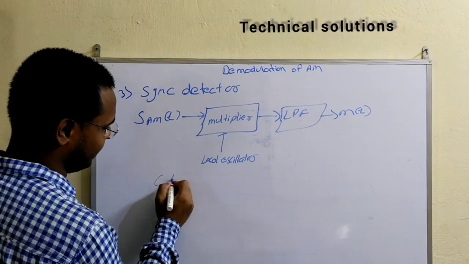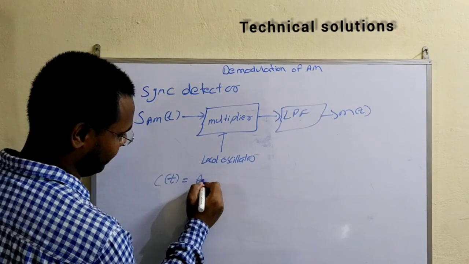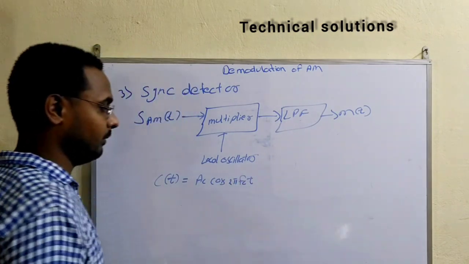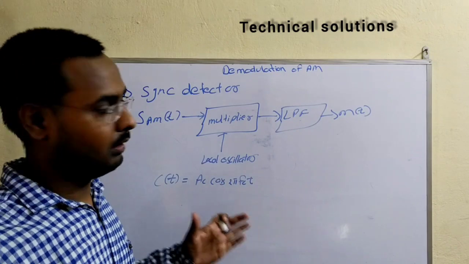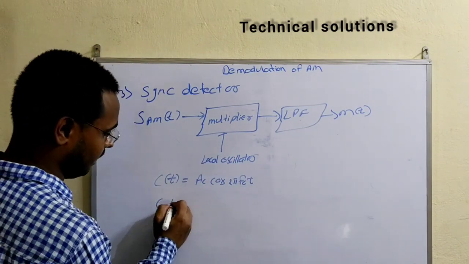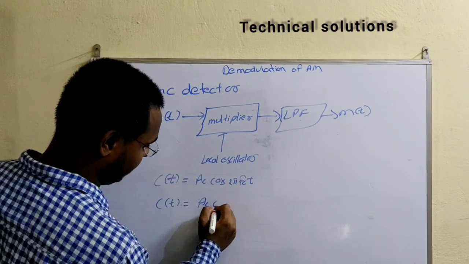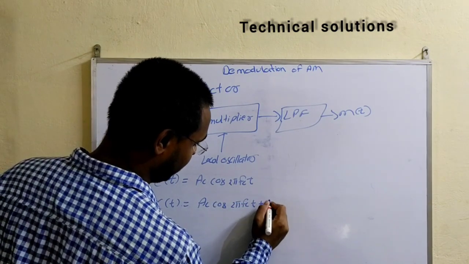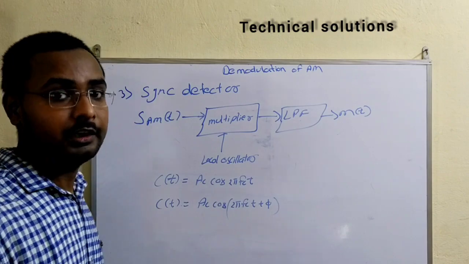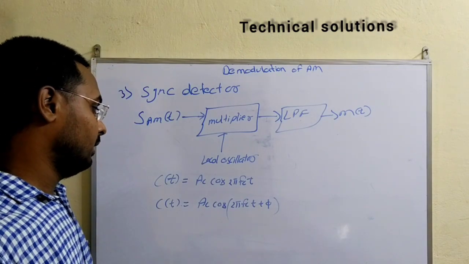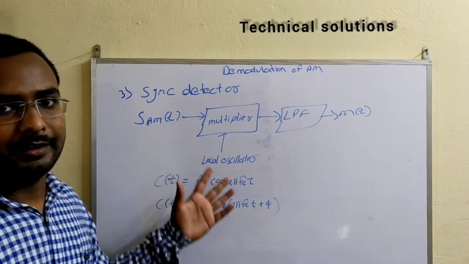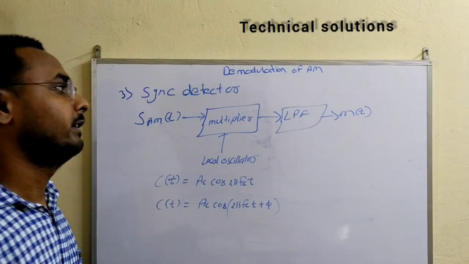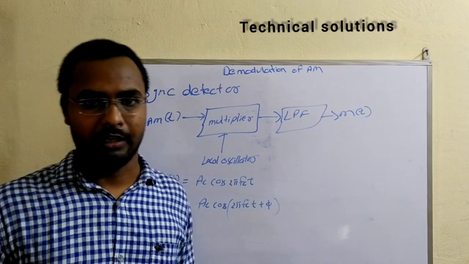When our carrier signal c(t) is Ac cos 2 pi fc t, then it works fine. But when our carrier signal is cos(2 pi fc t plus phi), with some phase shift, then it shows the quadrature null effect. What is the quadrature null effect? We will discuss it in the digital communication part.